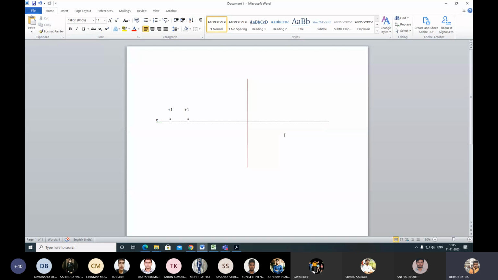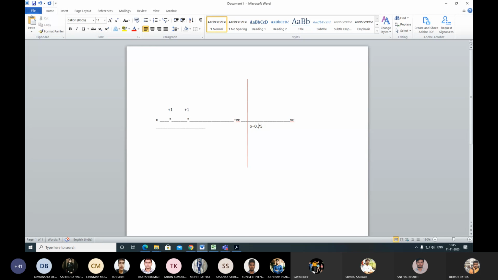The value of this line is its equation, let's say x equal to 0.75. That is what I call the decision stump.